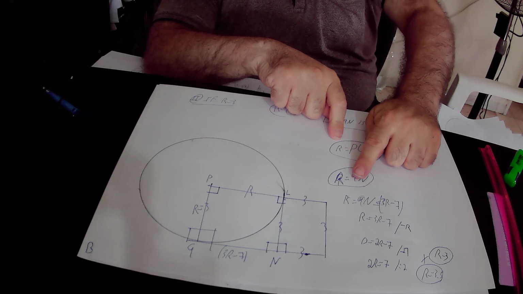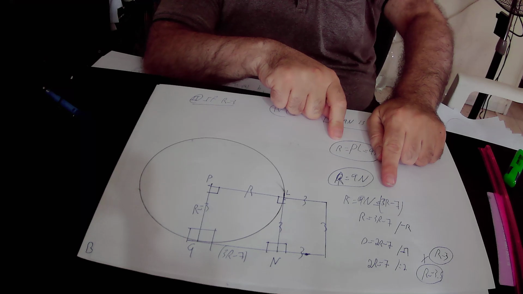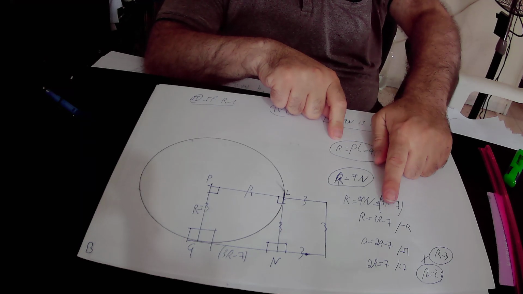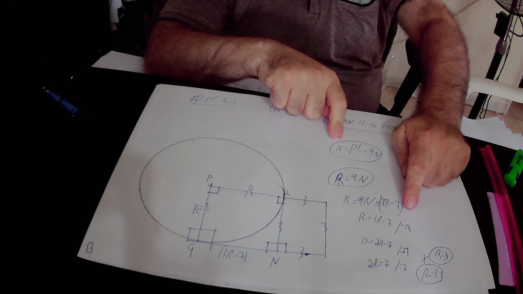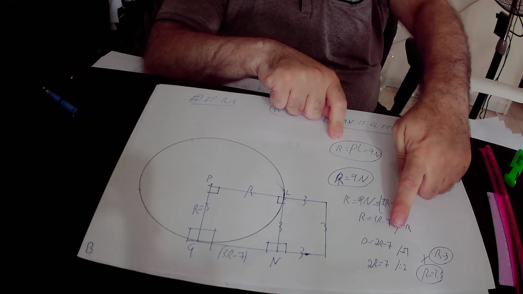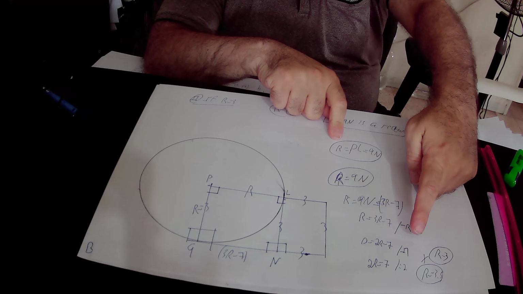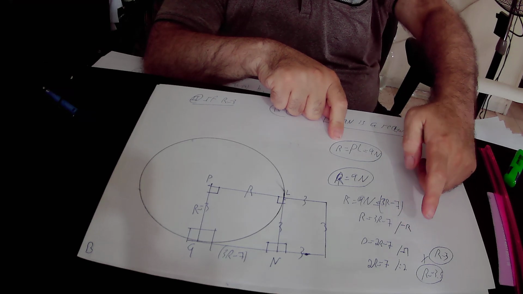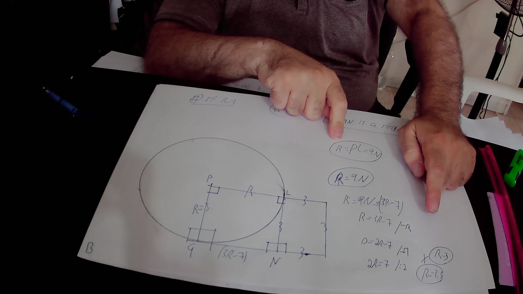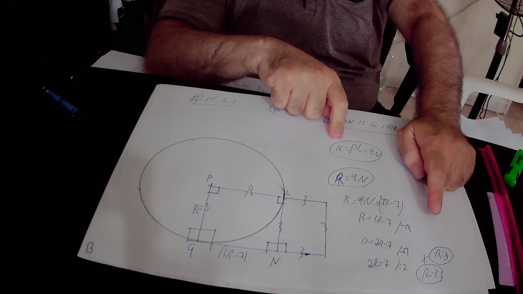So from this equation, R equals to QN equals to 3R minus 7, we derive that R equals to 3R minus 7. We subtracted R from this equation and found out that 2R minus 7 equals to 0. We added 7 to this equation and found out that 2R equals to 7. We divided this equation by 2 and found out that R equals to 3.5 units.